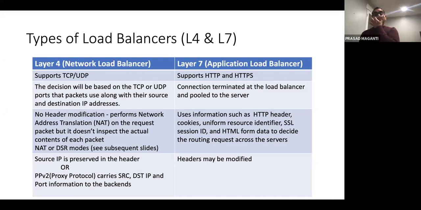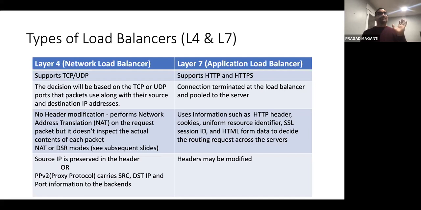We talked about the ways: least connections, weighted, round robin, and all that. Apart from that, you also look at your source IP, destination IP, or the port, and then you can decide as well. There is something called 5-tuple, 3-tuple, or 2-tuple mechanisms which are available.